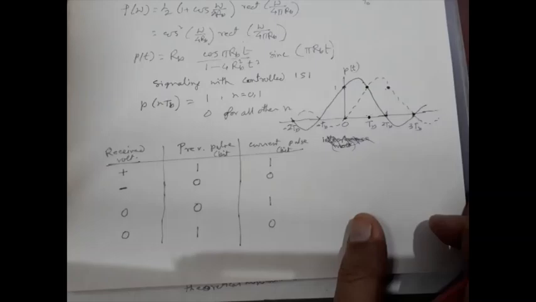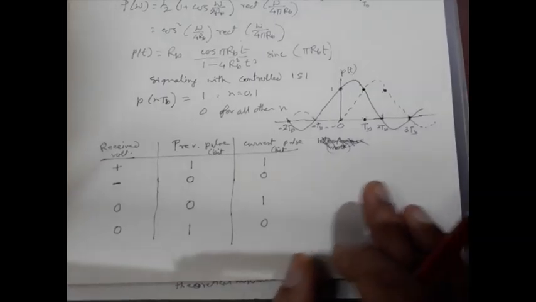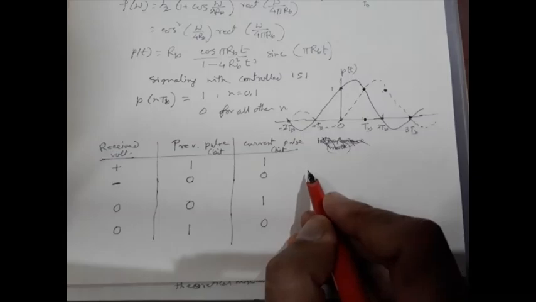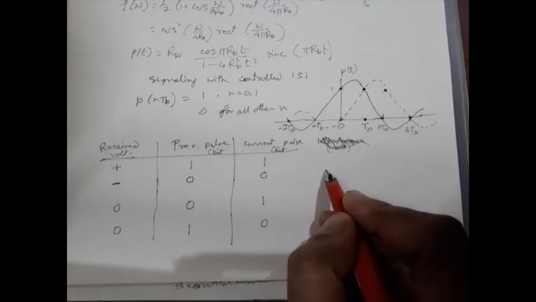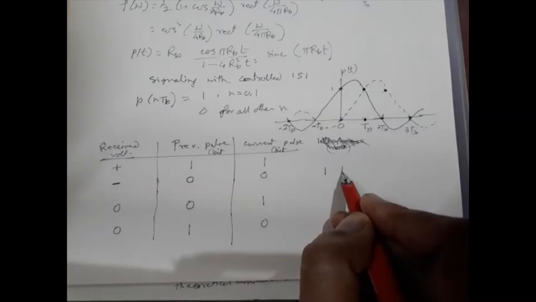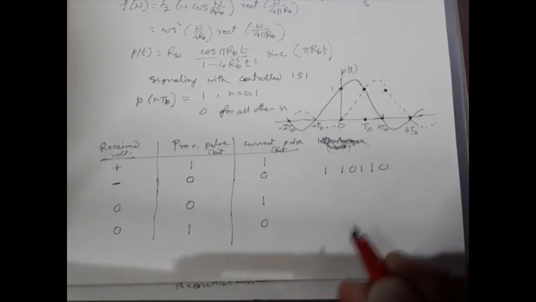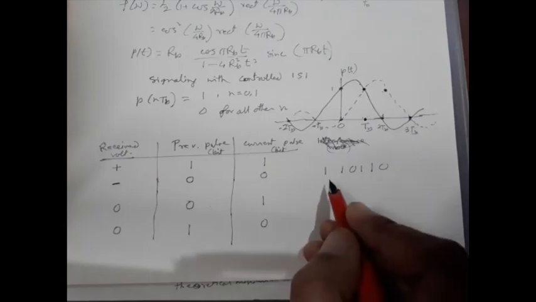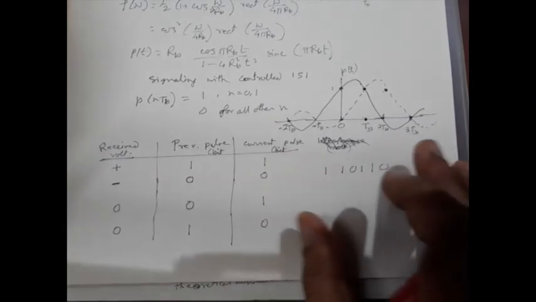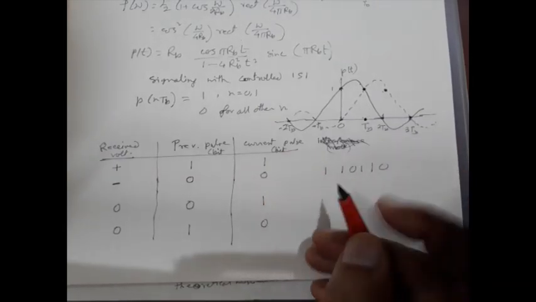So this will be our logic at the receiver. For example, just take an example, nothing else. Say we have to transmit these bits. We are taking a small bit sequence, we can extend this idea for a larger one also.